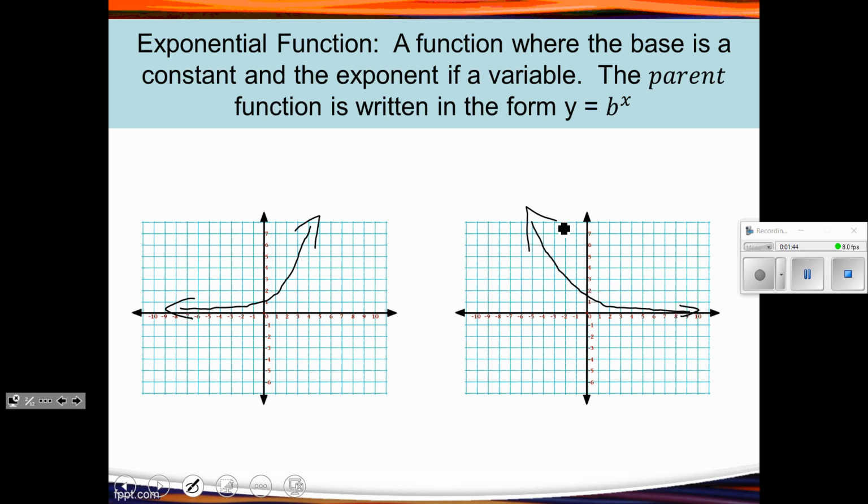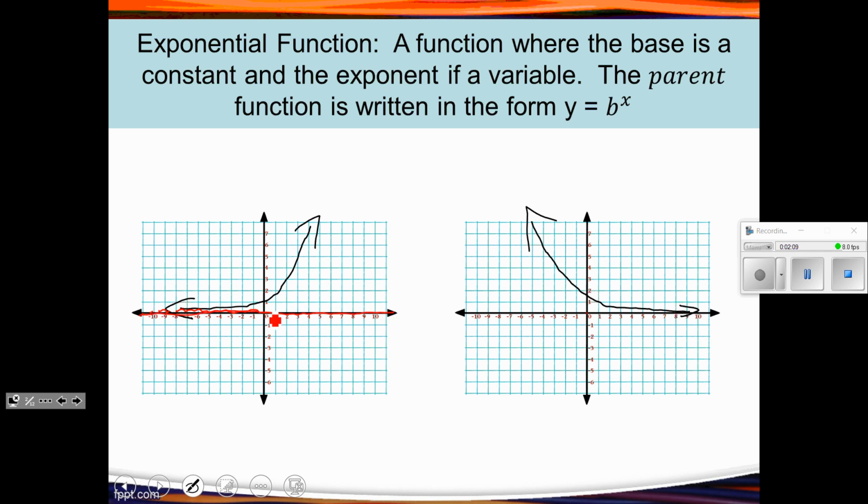I always use the saying, a log is a tree and a tree goes up and down. So a log has what kind of asymptote? A vertical asymptote. Therefore, an exponential would have a horizontal asymptote. For example, both of these flatten out, meaning they are approaching this line right here.